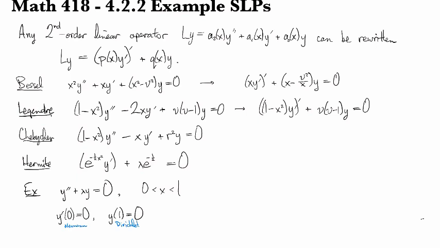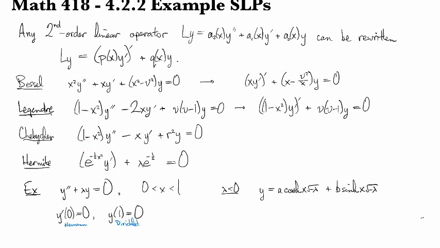So from this, if we start looking for different eigenvalues, if you take lambda to be negative, then you're going to be looking for functions of the form a cosh of x root minus lambda plus b sinh of x root negative lambda. And by substituting in the boundary conditions, you'll find that the only way this can be satisfied is if y is identically equal to 0.